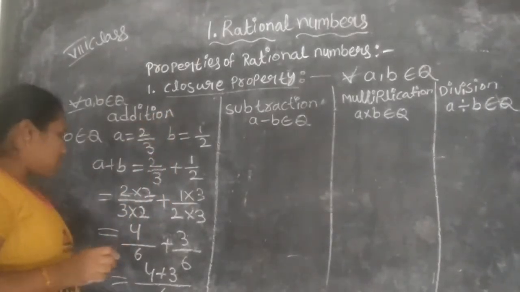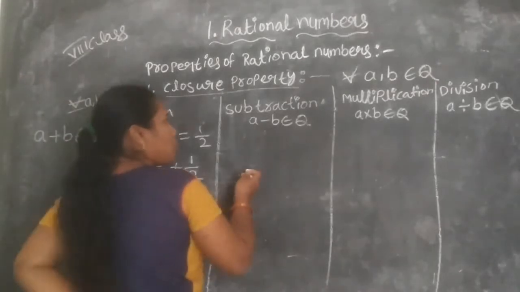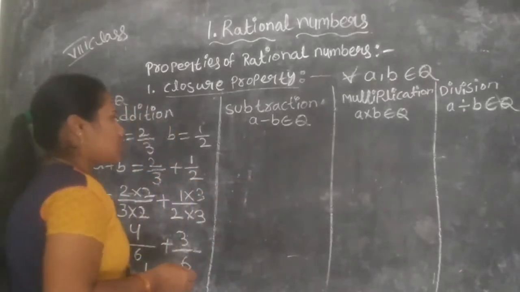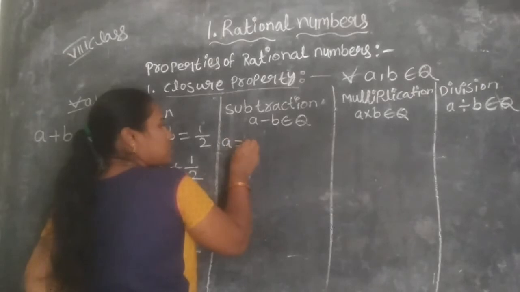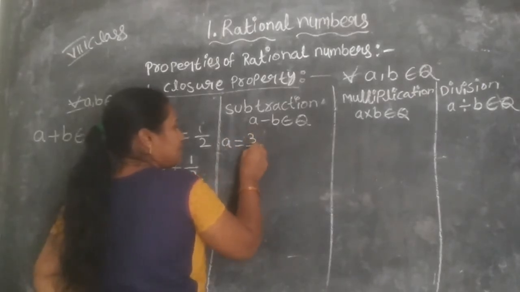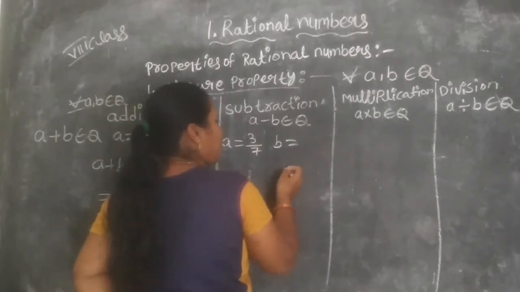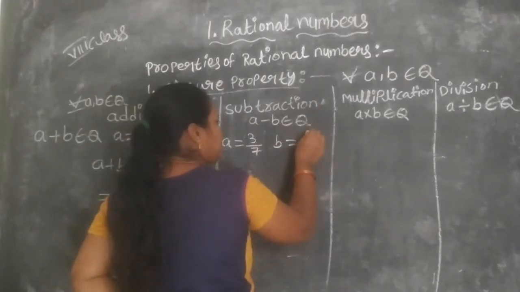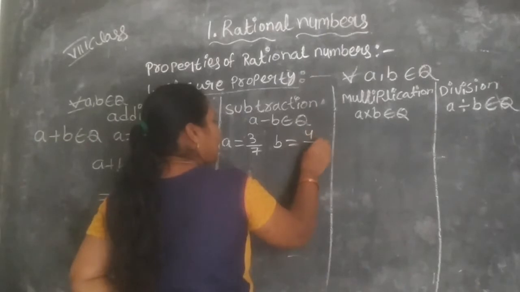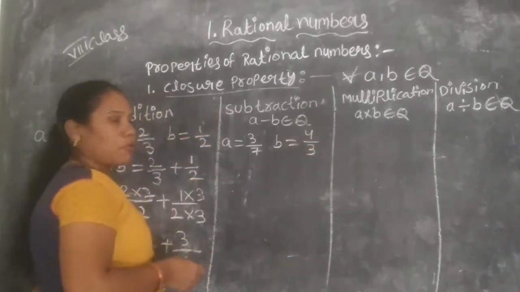Then move on to the next one, subtraction. I am taking another example here: a is 3 by 7 and b is 4 by 3.